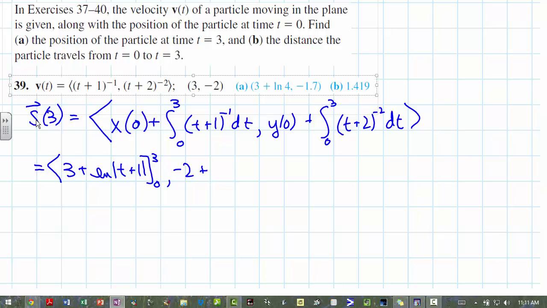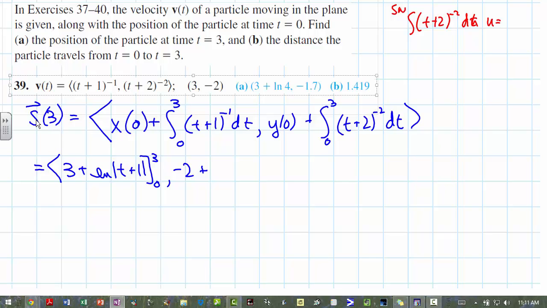The antiderivative of (t plus 2) to the negative 2, negative (t plus 2) to the negative 1. I have a hard time doing this without actually doing the u substitution. So I'm going to do a little bit of side work over here. I want the integral of (t plus 2) to the negative 2 dt.